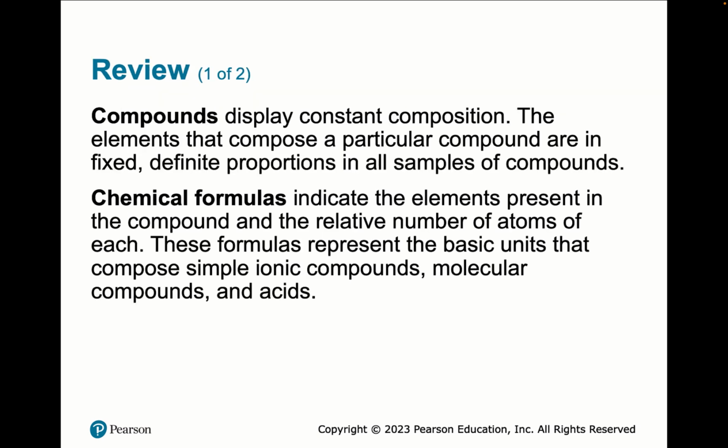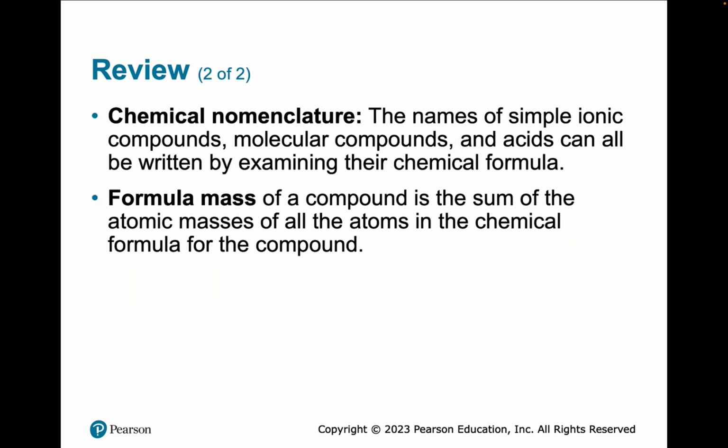So here's a review, and a lot of action in this chapter. Compounds have consistent composition, at least as far as the ratio of the elements. Chemical formulas, we can use them to describe various things, the ratio of the elements, and we can go further and give molecular compounds.